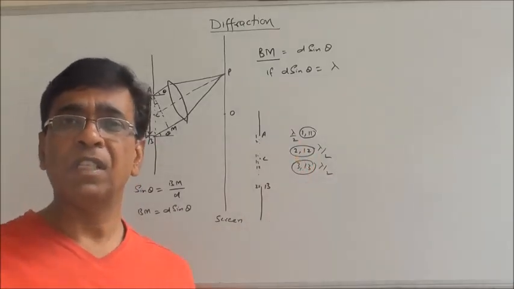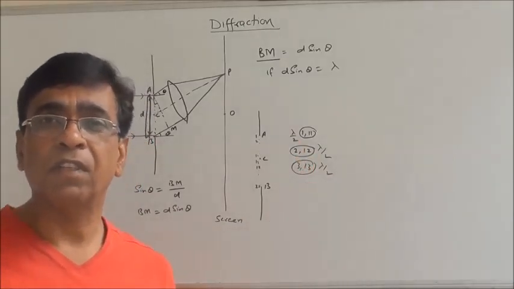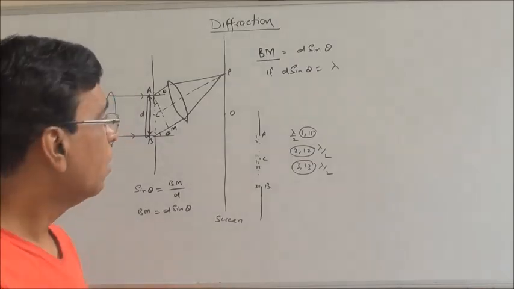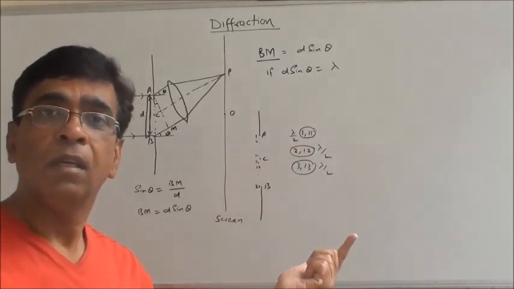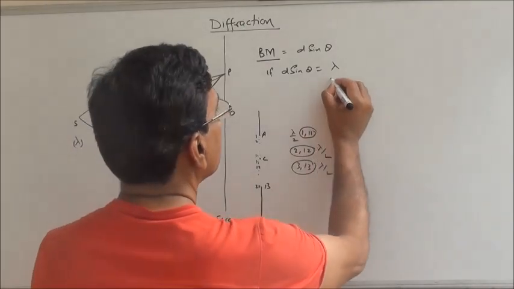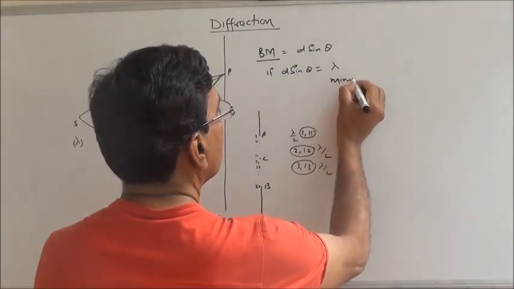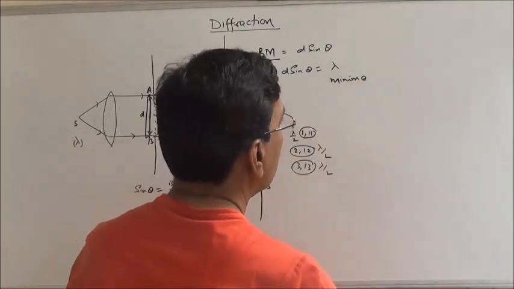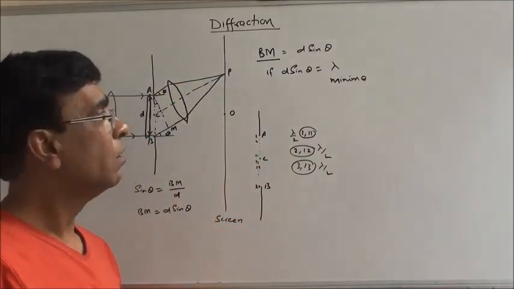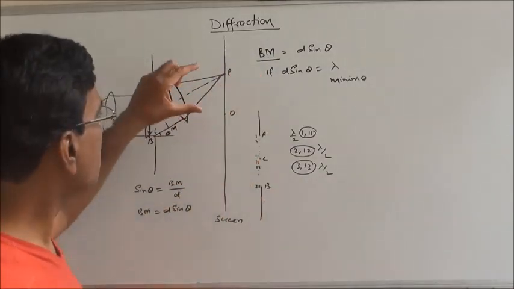And what is the meaning when we say path difference lambda by 2? Phase difference of pi, and this gives us minima. So this will give us a minima at P. Understand?